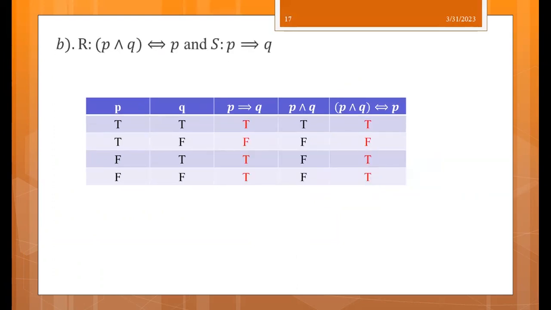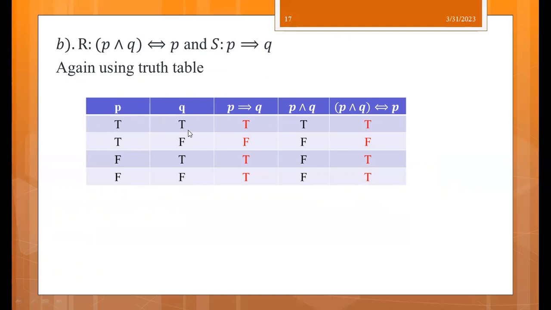The solution for the second example will be this one. The first compound statement is P and Q if and only if P, and the second compound statement, that is S, is P implies Q. The possibilities for the truth values of the component statements are the same, because we have only two component statements P and Q, so that we have four possibilities.